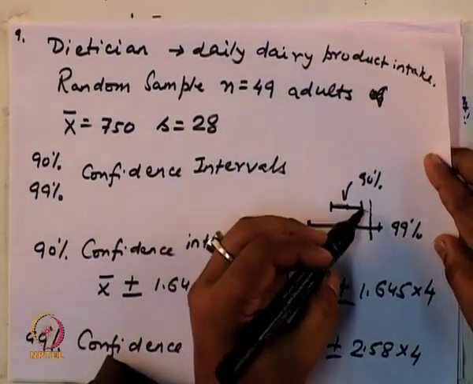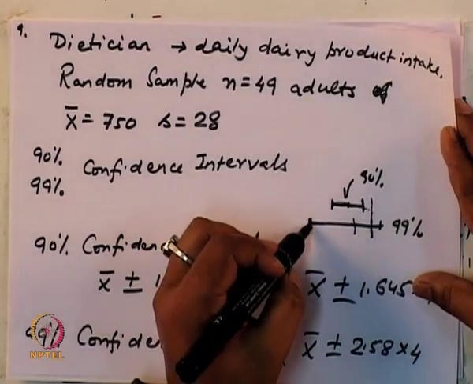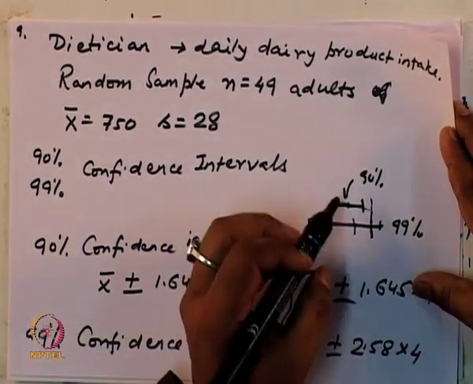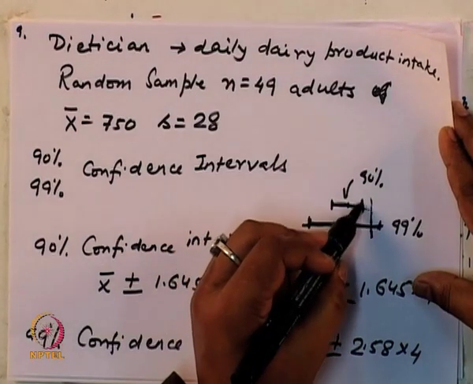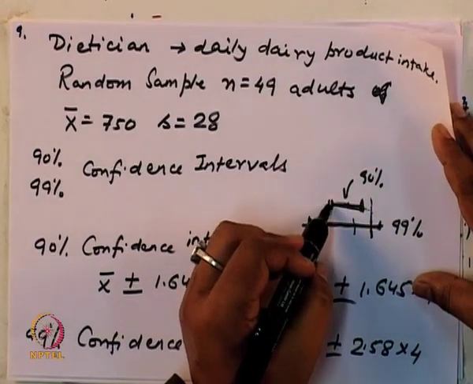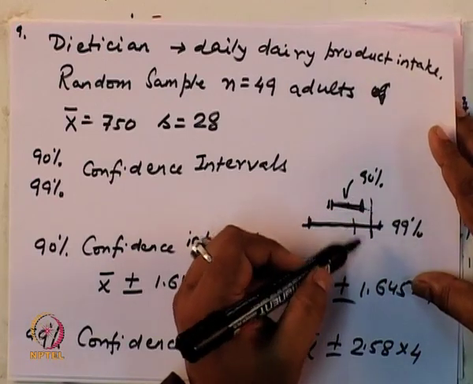Okay. So, once again I would like to reiterate that for a greater confidence level, we always have a bigger interval, and for a smaller range, so for 90%, you have a smaller interval. So, there is a greater chance of error that your population mean will not lie within this limit.